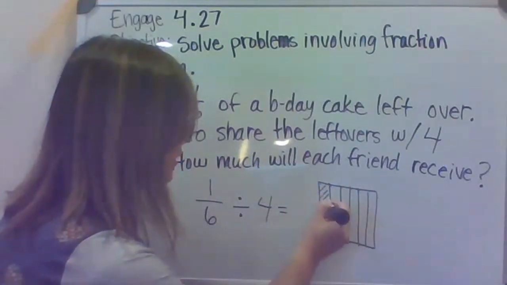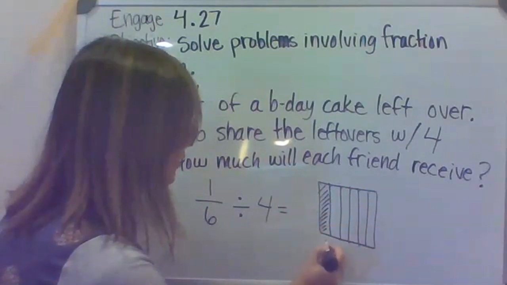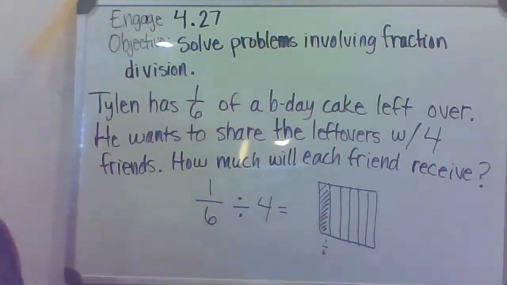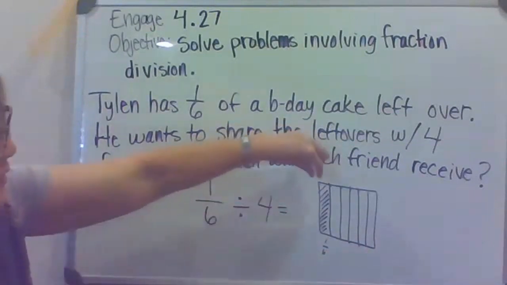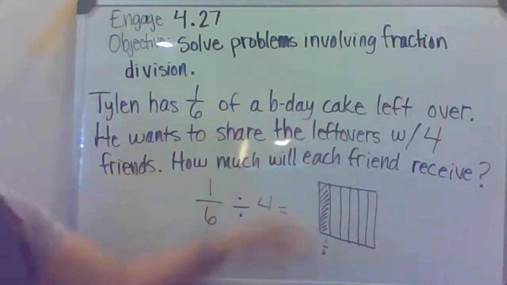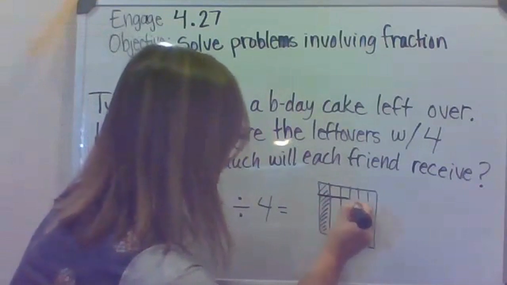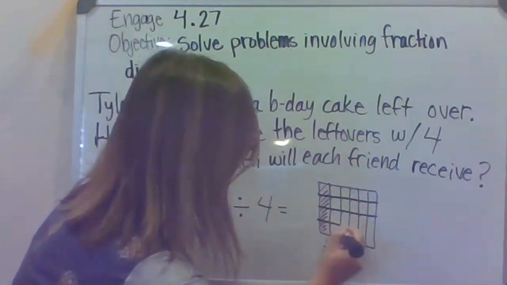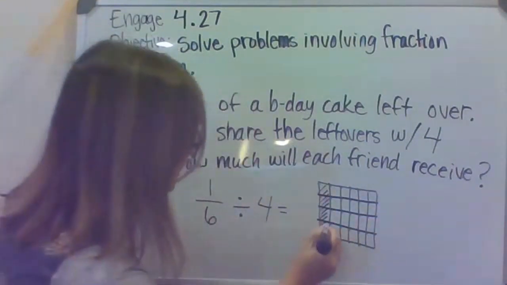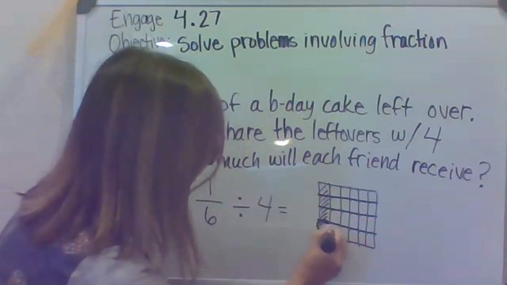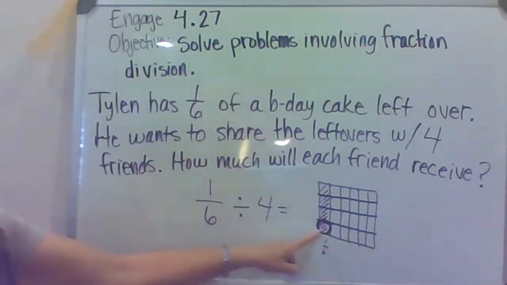I'm going to shade in and show that this is representing 1/6 right there, right? So that is 1 out of 6 shaded in. I have to take just this piece right here, the 1/6, and I have to share it with how many people? Okay, 4 people have to share it. So 1, 2, 3 lines will get me those 4 equal parts. And now I can see that each of the 4 people get this amount right here.